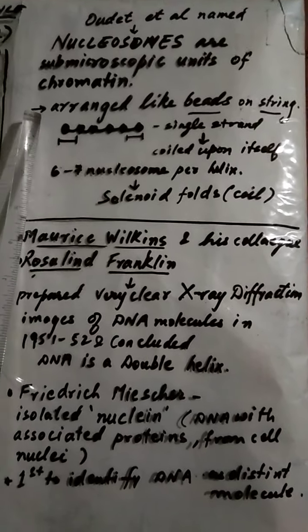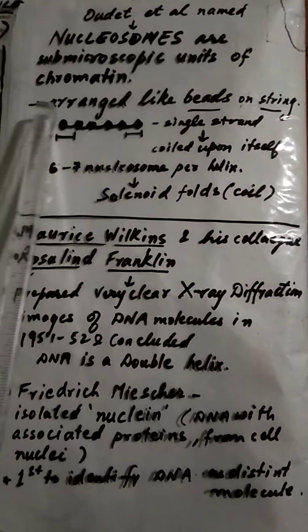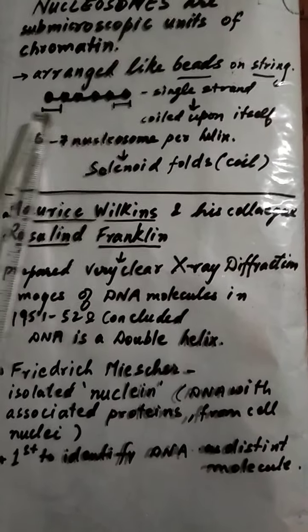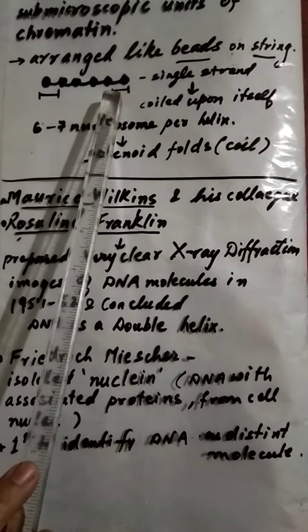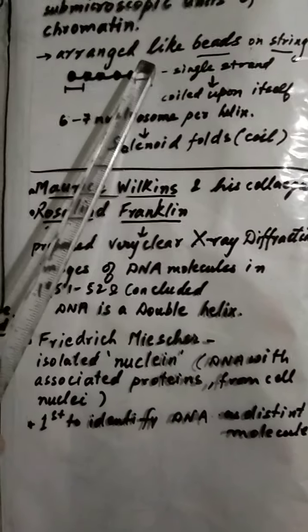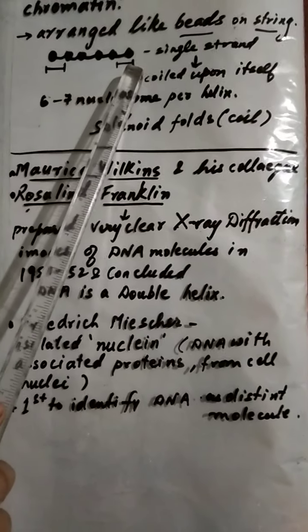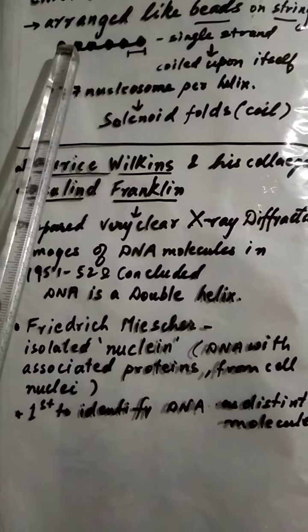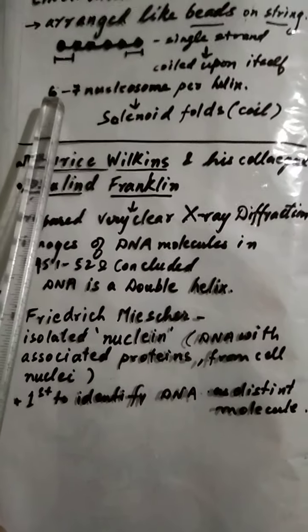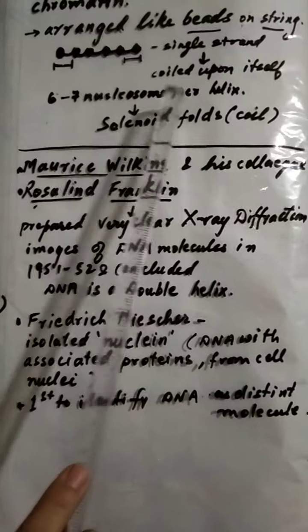If you see them under the microscope, they are arranged like beads on a string. This will be the structure in the interphase. It is a single strand, and the nucleosomes are coiled upon themselves. How many nucleosomes are coiled? 6 to 7 per helix.